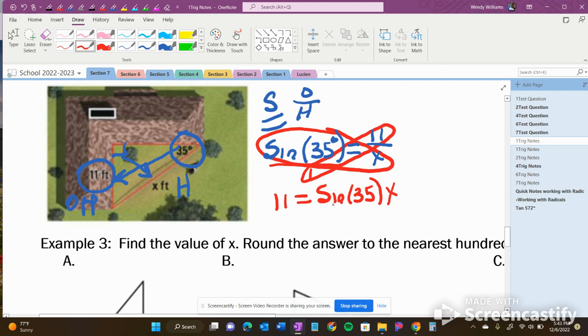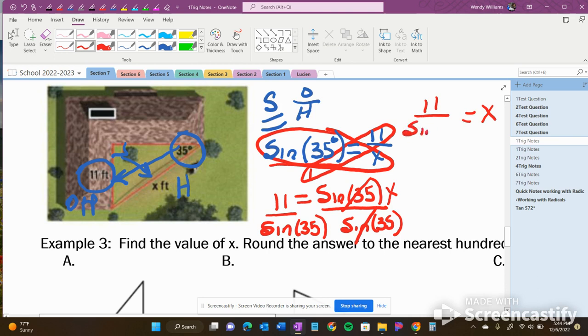To get the x alone, we divide each side by sine of 35 degrees. These cancel out. We get x alone. And this is simply 11 divided by sine 35.